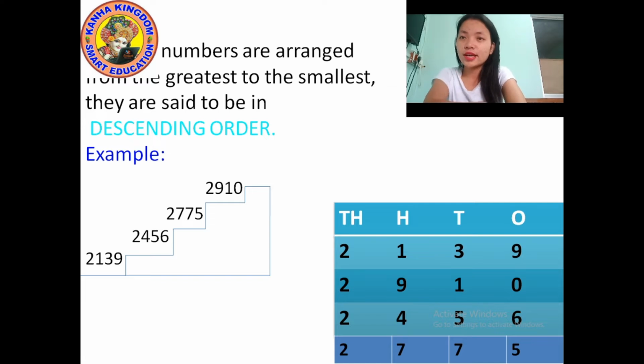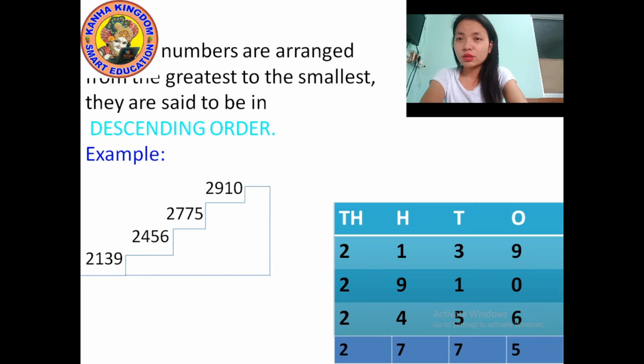So first I write 2910. After 9 comes 7, so I write 2775, and after that 4, so I write 2456. After that comes the smallest number, which is 2139.